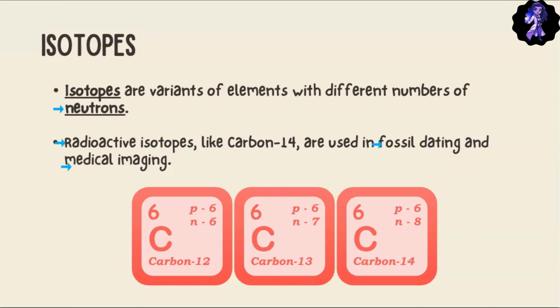So if you look on the bottom here, you could see that there's 3 carbons, C, C, C, and they have the number of protons listed here, which are exactly the same, the 6. And they have the long form name here, but you see that there's differences in the designation here. You might be like, what is that? So the neutrons are different, which indicates that it is an isotope.